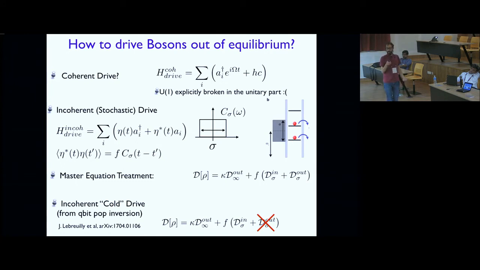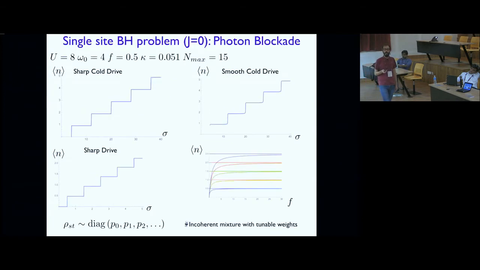So the first thing that it's important to discuss is that once you use this drive to put photons into the lattice and you measure the number of photons as a function of pump bandwidth, you see a staircase, which is again a signature of Photon Blockade. Now, of course, whether these plateaus really represent states at integer filling or not is a bit of a delicate question, because at the end of the day, this system is still open and dissipative.